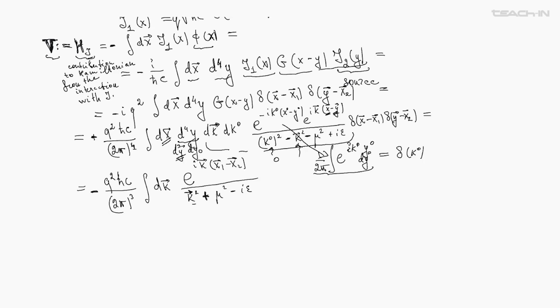But now, in this i epsilon you can take the limit epsilon to 0, because this integral has no problem with the denominator: k squared is non-negative, and there is always a positive mu squared added to it. So integrating over k will never meet a pole, and therefore you can safely remove i epsilon from the denominator.